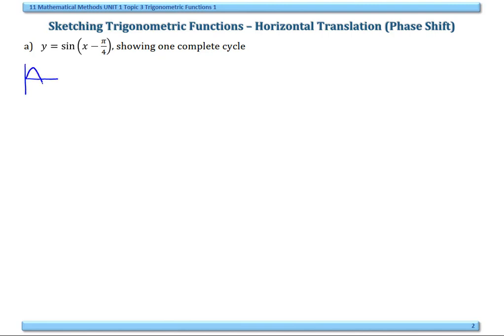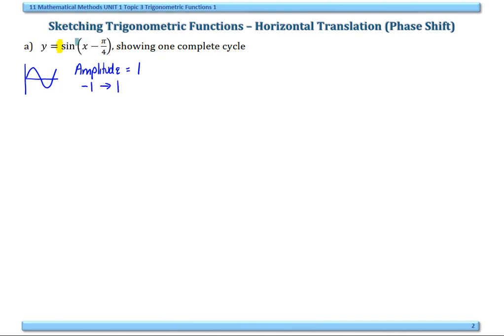It starts at 0, 0, up and down. We know there's no amplitude change. There is nothing out the front, so our amplitude is going to be the standard 1. So our graph's going to go from -1 to 1.